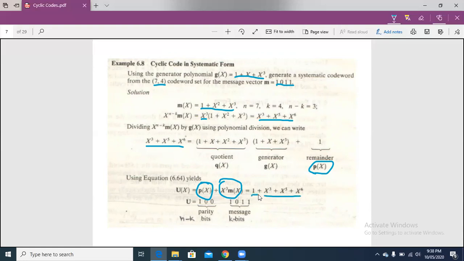So this one comes here, and x is 0, x2 is 0, and x3 is 1, x4 is 0, and x5 is 1, and x6 is 1. So we have the n minus k shifted version of the message and n minus k parity bits added into it. So this is the way we use this generator polynomial to generate a code word of 7 bits.